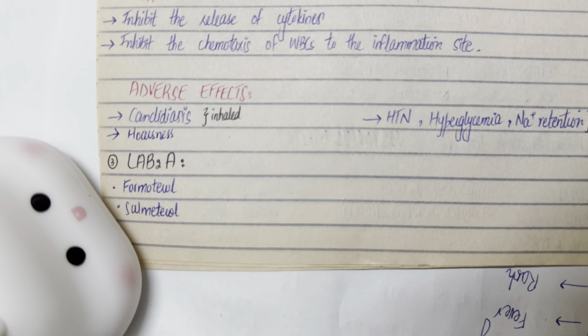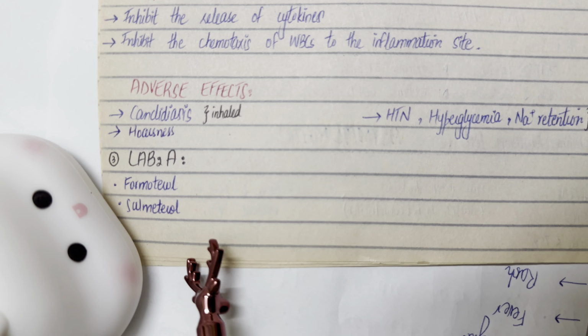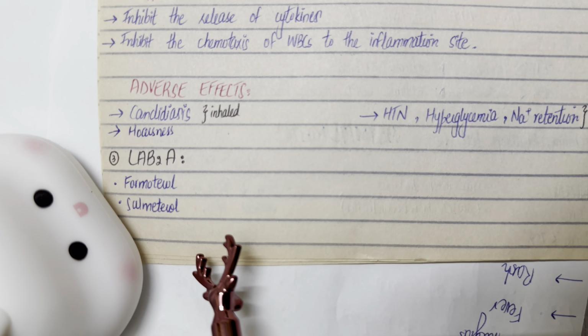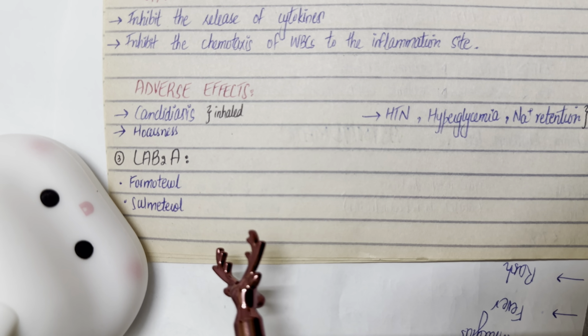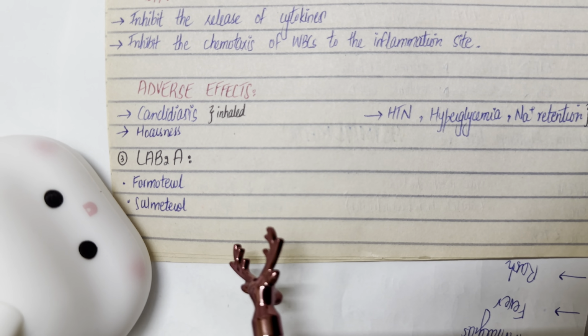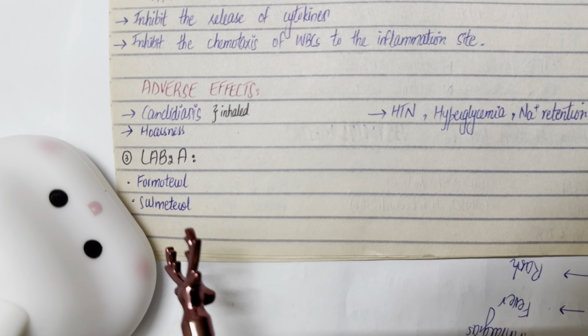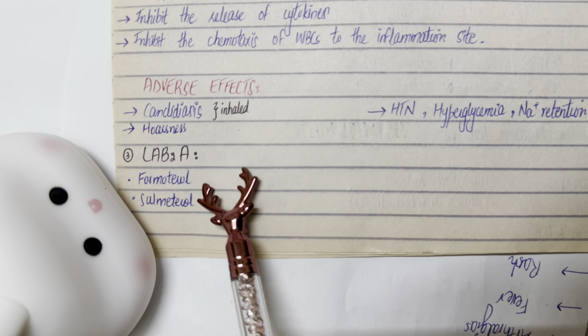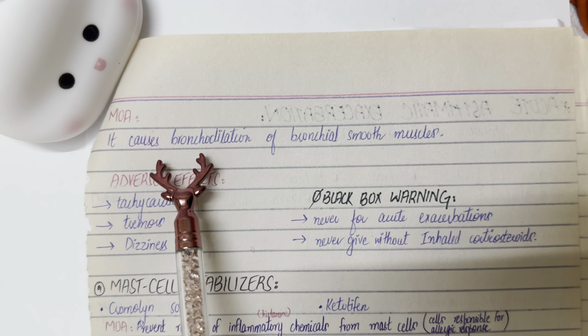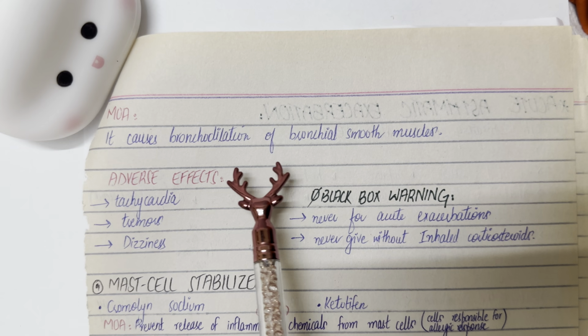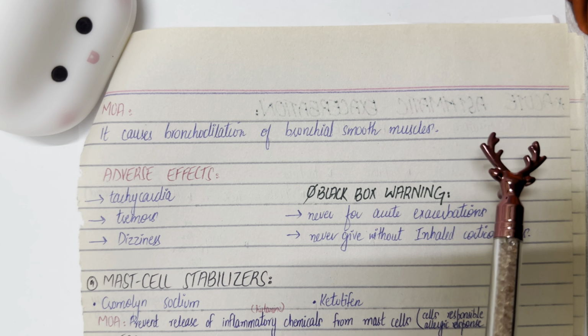The next drug for asthma is LABA, also known as long-acting beta-2 agonists. They have a long duration of action, providing bronchodilation for at least 12 hours. They are the analogs of albuterol. The drugs included in LABA are formoterol and salmeterol. Their mechanism of action is similar to SABAs, that is, they cause bronchodilation of bronchial smooth muscles.